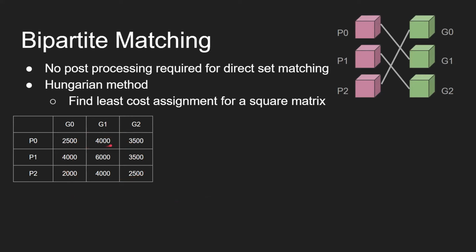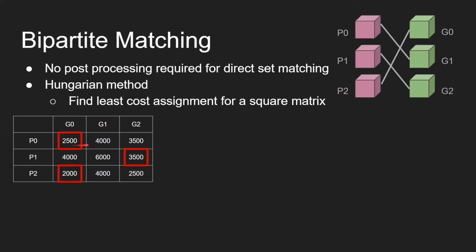And so these values here represent the cost for each one of these matches that we might choose. And so the way we can find the least cost is, the first step would be to look at each of these rows and take the minimum value and subtract it from all the values in that same row, right?